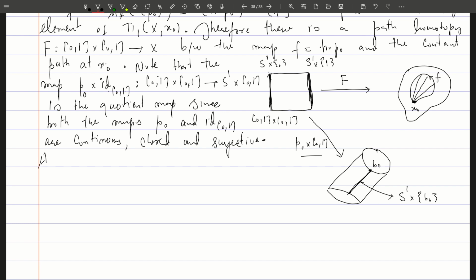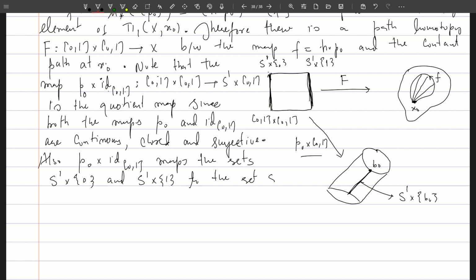Also, p naught times the id map on [0,1] maps the sets S1 cross 0 and S1 cross 1 to the set S1 cross b naught. That means the inverse image of this line under this map is these two lines, and on these two lines the map f is the constant map.